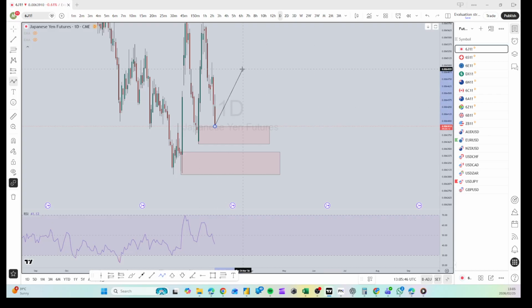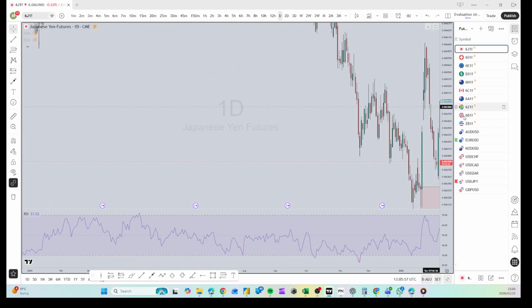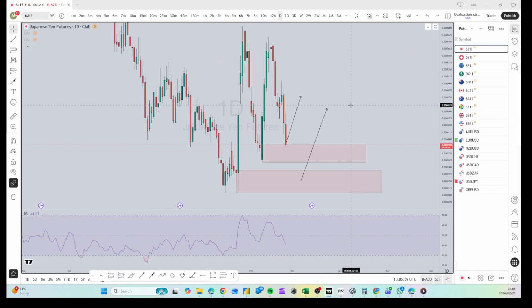So we might possibly get something like this. If not there, we might possibly get it here. One of these two areas look very interesting, but we're not gonna make any prediction, we're only gonna react.